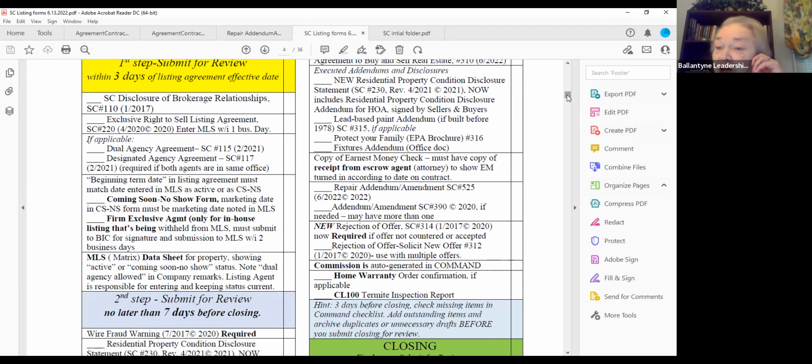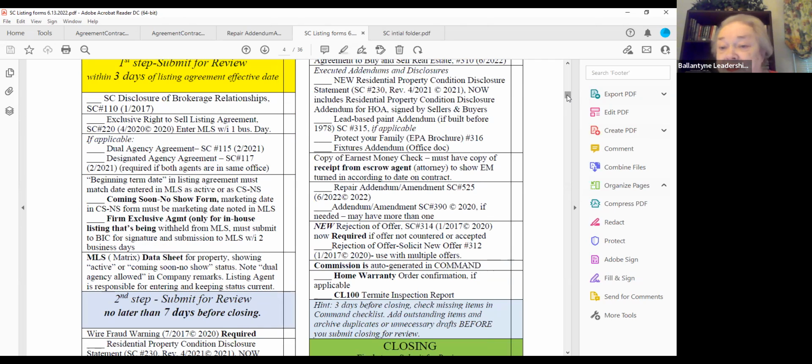These multicolored checklists, I basically want to give you a process, pretty much which forms you're going to use, and maybe an option of a form. You may or may not be using that particular form, but you might need a corresponding form. So I've given you hints as to which forms you would use in these different steps.